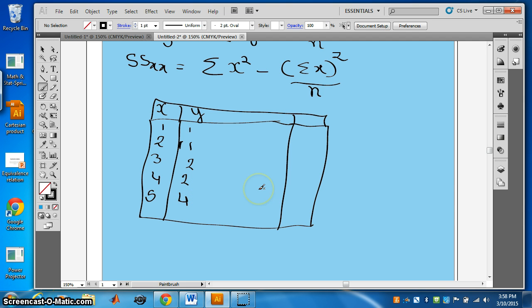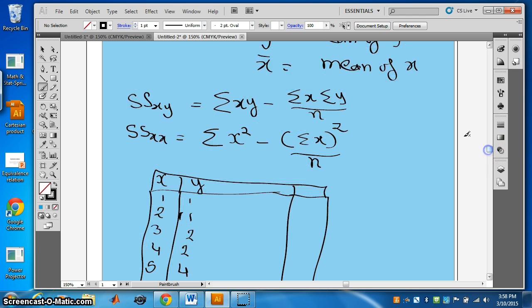And now to find the regression equation, we need xy, so we'll make one column for xy, and we need one column for x square as well. So we have to draw two more columns.